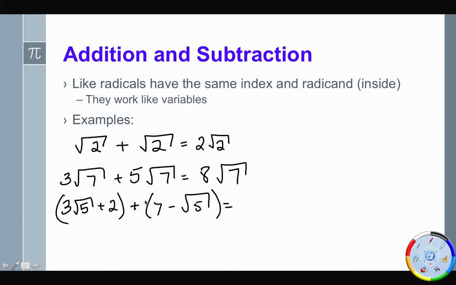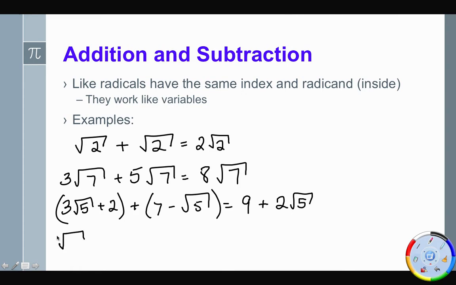So the 2 and the 7 can be combined, and we have a positive 2 plus a positive 7, so we get a positive 9. And we have a 3 root 5 and a negative root 5. Well, they're the same radicals, they're the same index and the same radicands, so we can combine them. A 3 root 5 plus a negative 1 root 5 becomes a positive 2 root 5. And then we have the combined answer.